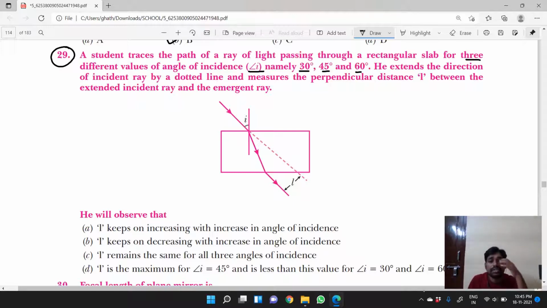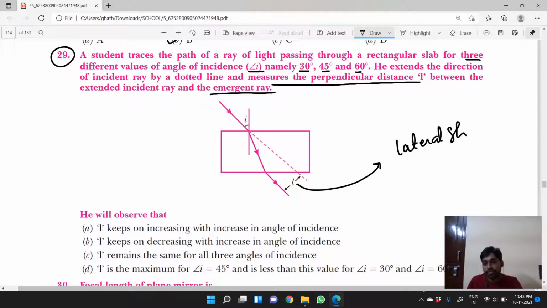He extended the direction of incident rays by dotted line and measured the perpendicular distance L between the extended incident ray and emergence ray. See, my dear student, this is called as a lateral shift. So after the explanation of this question, I will explain this glass slab activity also for you.